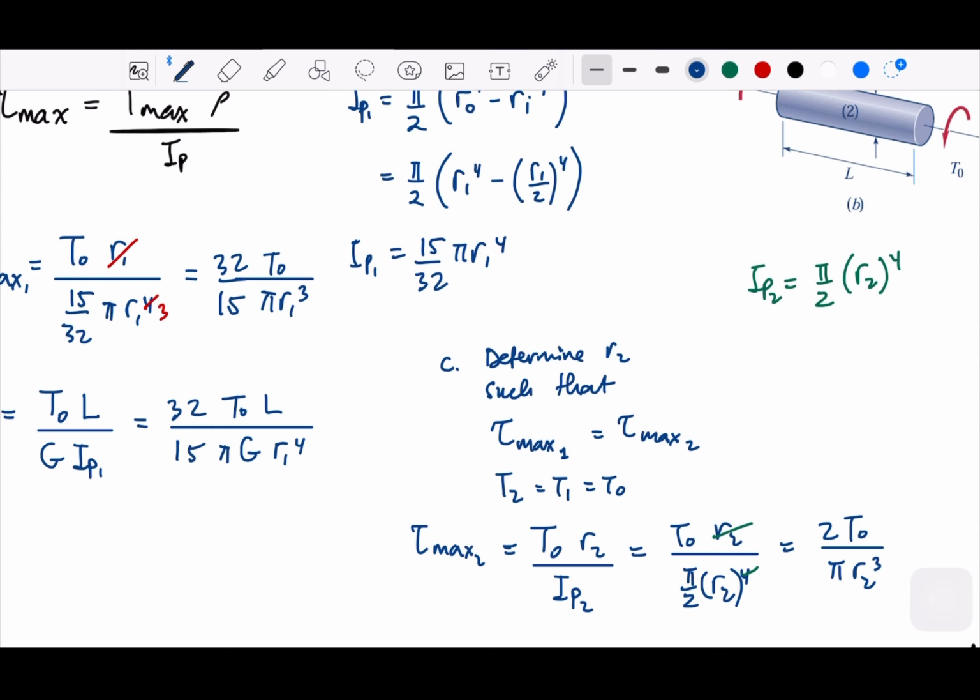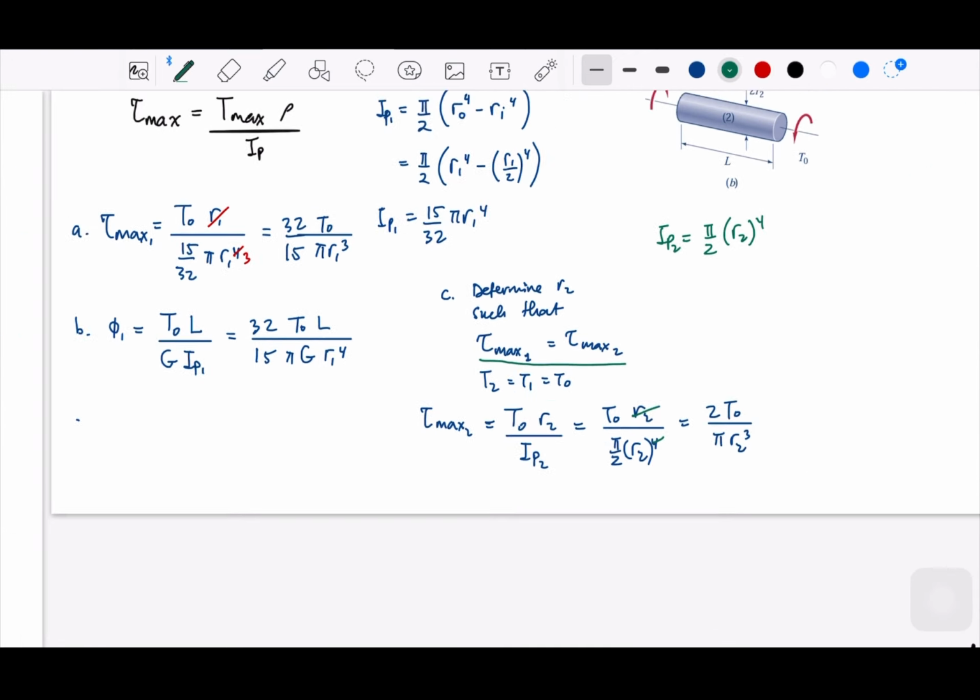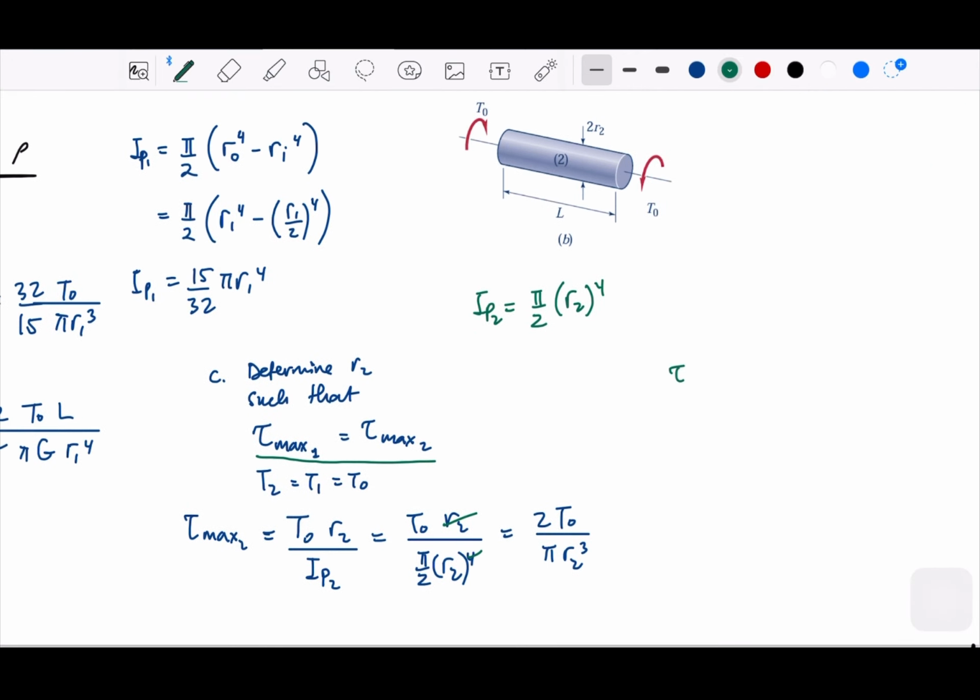And we now equate the first material and the second material, so we get tau max 1 equals tau max 2. So this will be 32 T0 over 15 pi R1 cubed equals 2 T0 over pi R2 cubed.